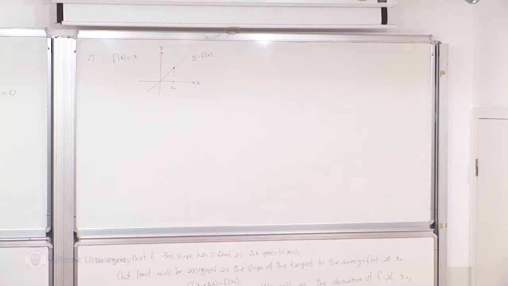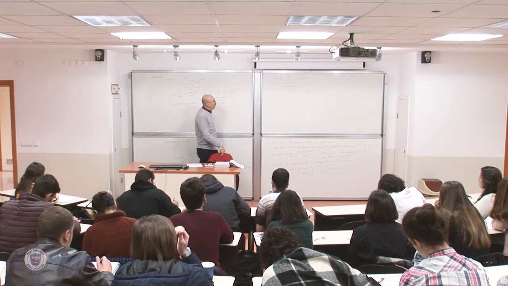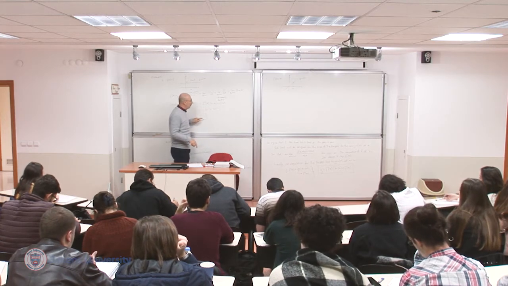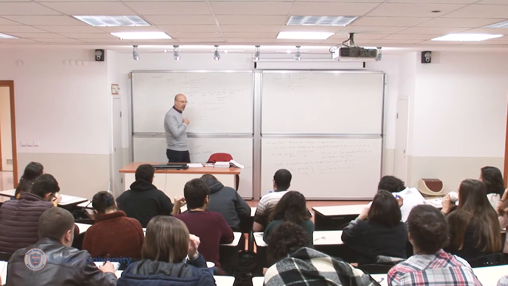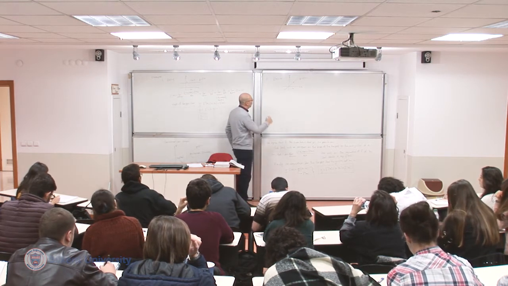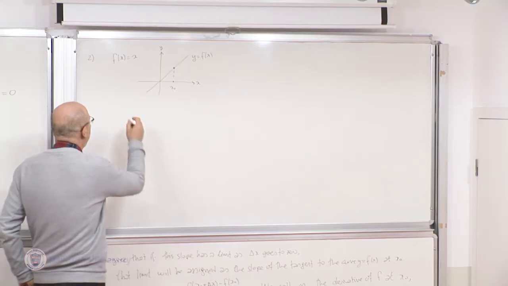Okay, here the slope is 1. Let's see if we will get y equals x as the tangent line, because here again we expect this same thing. The curve must be its own tangent.